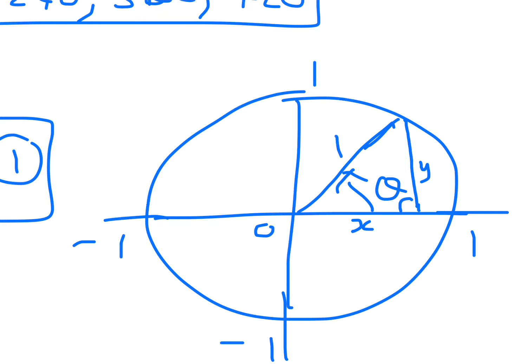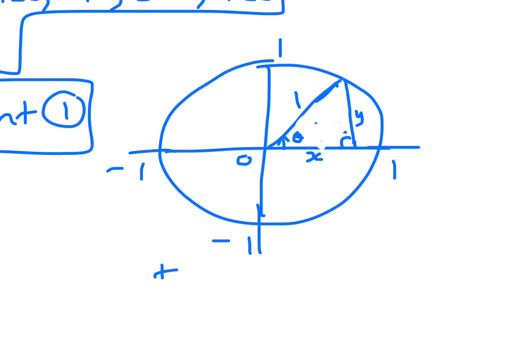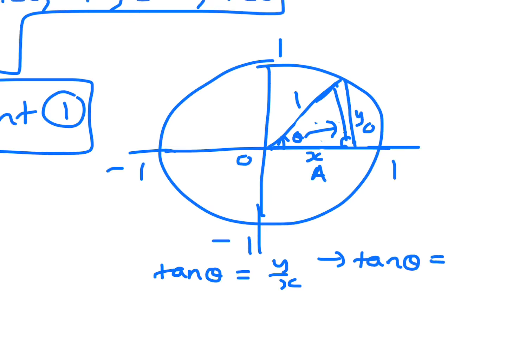It's a unit circle, so that means that the radius is 1. So tan theta is equal to the opposite on the adjacent, so it's y on x. And you notice the x and the y value are both positive. So tan theta in that quadrant will be greater than 0 or positive.